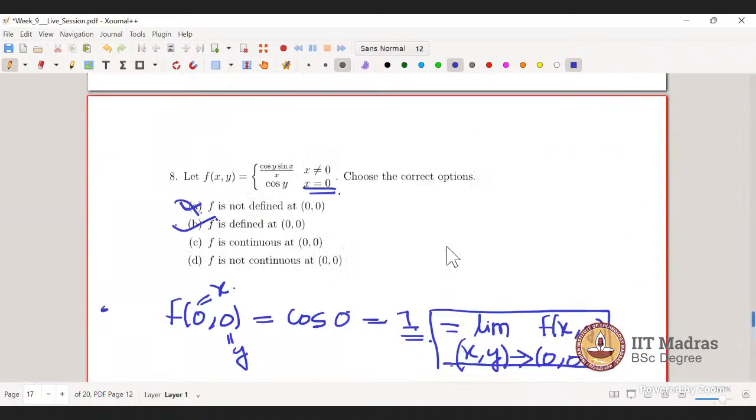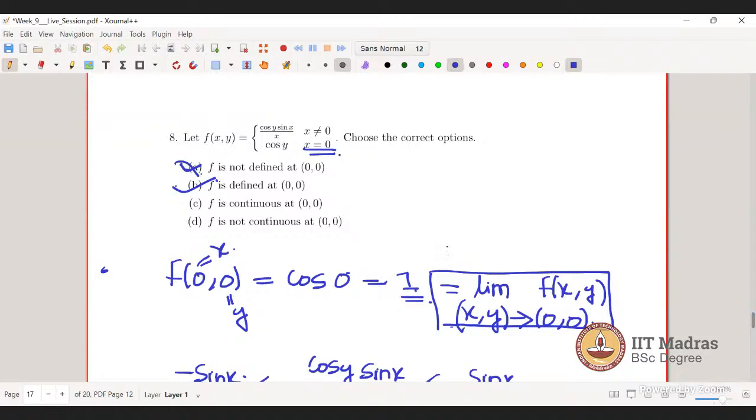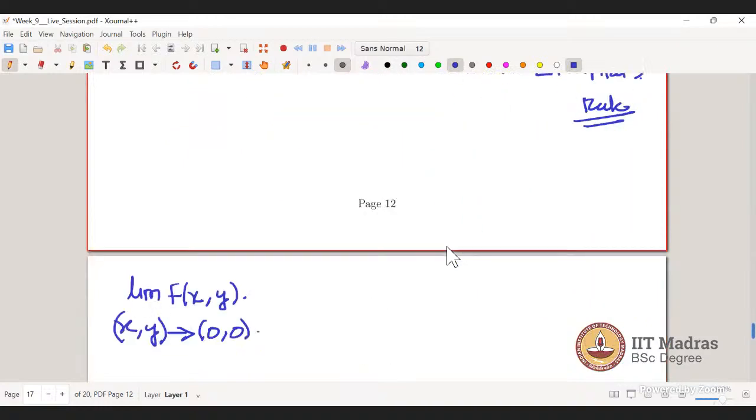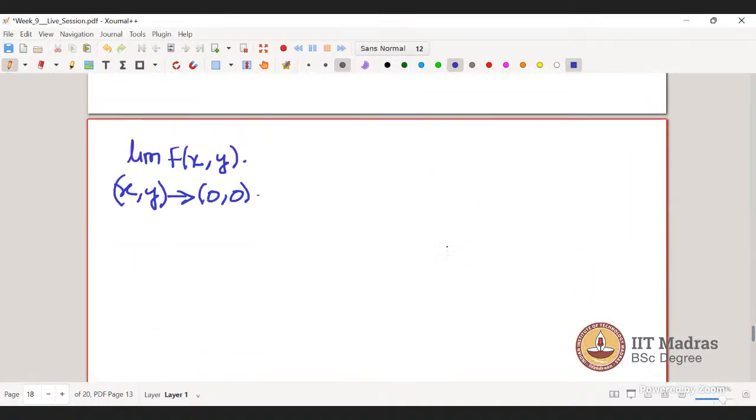So you have two cases, right? When x is 0 and when x is non-zero. Say for this case, I'm taking x to be non-zero.